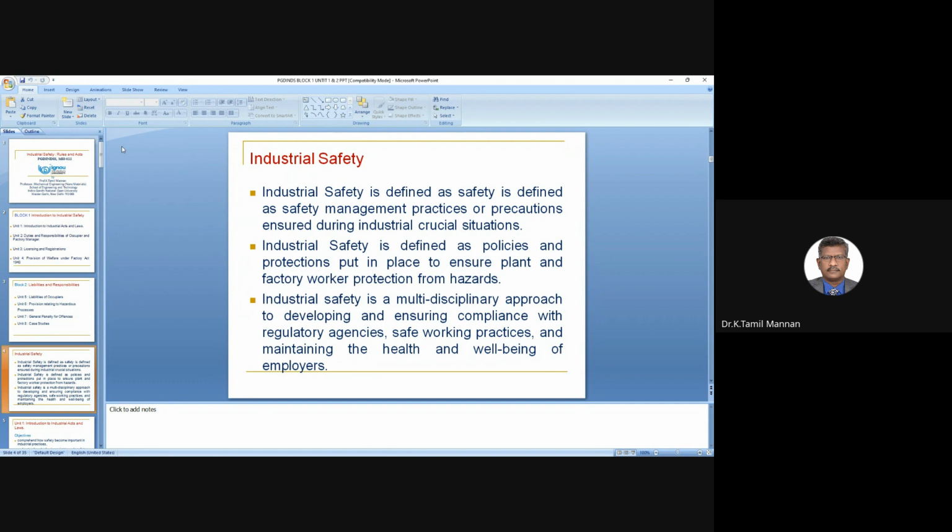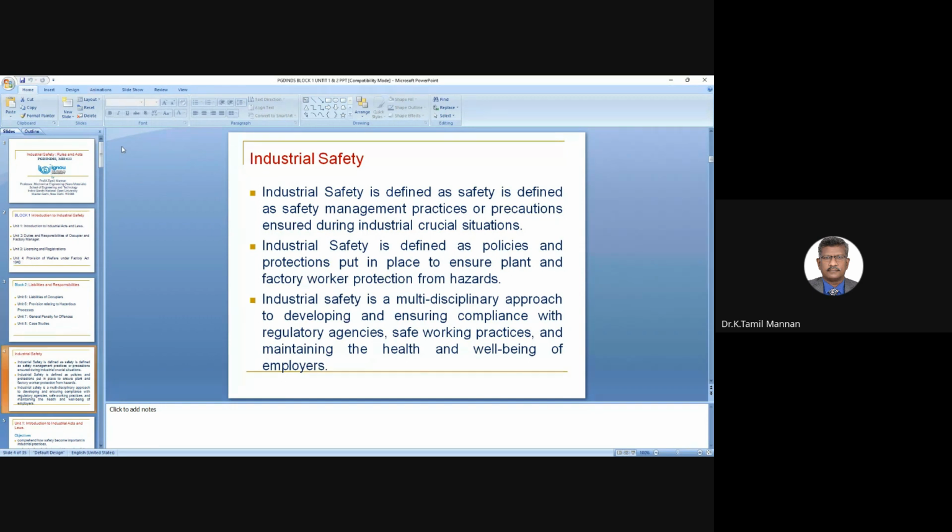Safety is also the policies and protections put in place to ensure plant and factory worker protection from the various hazards in the industry.